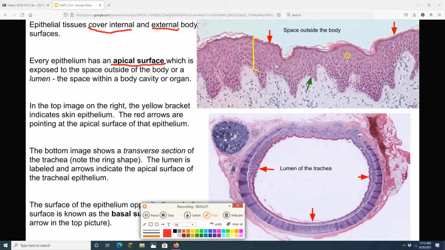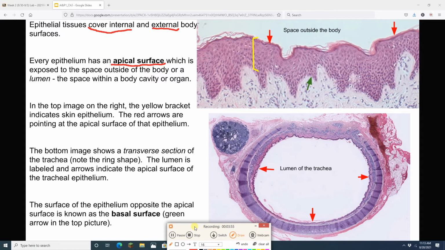So this is my epithelium right here, and then there's a space next to it, and the surface next to the space is called the apical surface. Now, down here, okay, here's my epithelium, here's the space, so this very edge of that purpleness right there would be the apical surface. Okay?